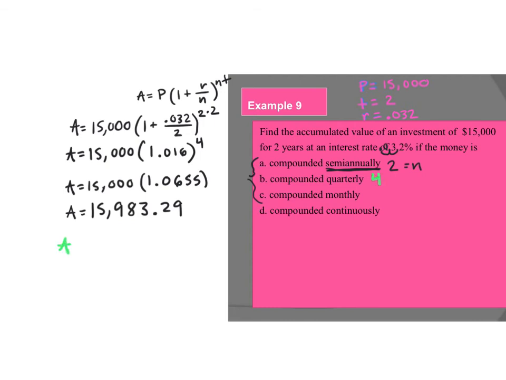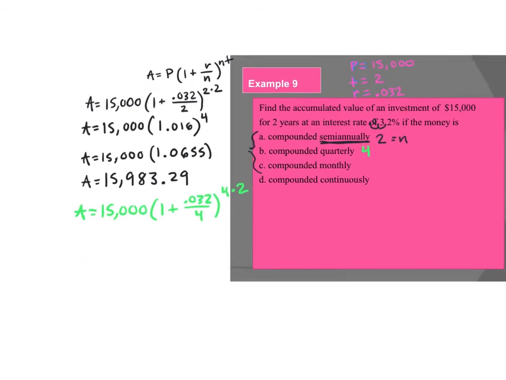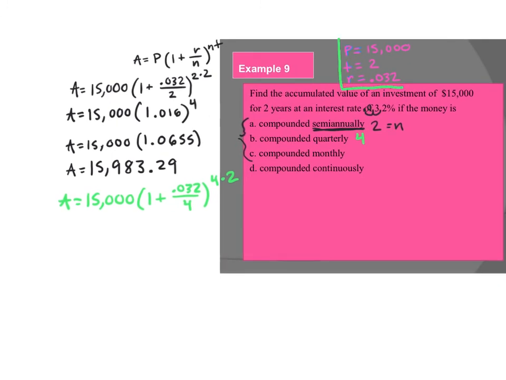So now our formula is the same, but for N, we're plugging in 4 instead of 2. So A is equal to 15,000 times 1 plus 0.032 over 4 raised to the power of 4 times 2. So everything else stayed the same. I'm just plugging in these for P, T, and R, and then I'm plugging in 4 for N.